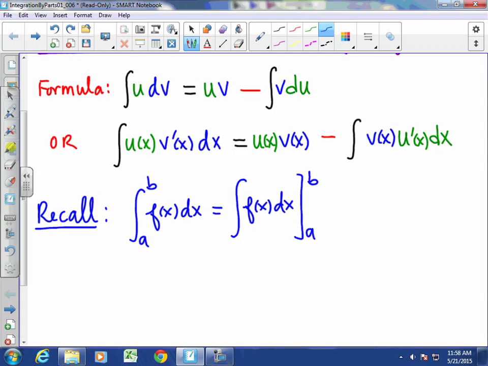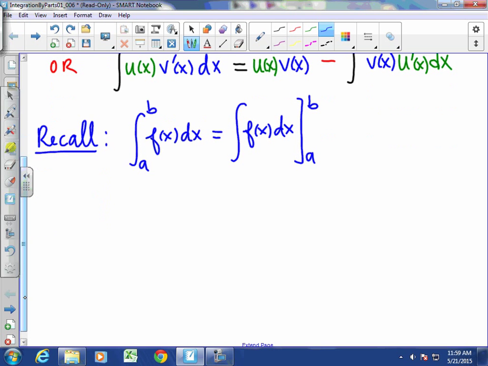So the key here is first to determine the indefinite integral before we can evaluate the one we are given.